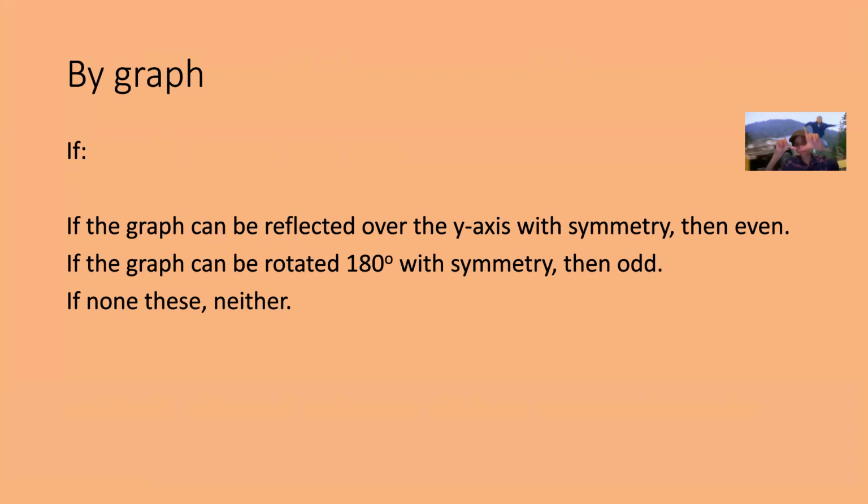Not like that, just U or upside down U. If a graph can be rotated 180 degrees, so this would be 90, this would be 180, I can't really do that with my hands, but it's the same either way, that's odd. If it doesn't do either of those, then it's neither.